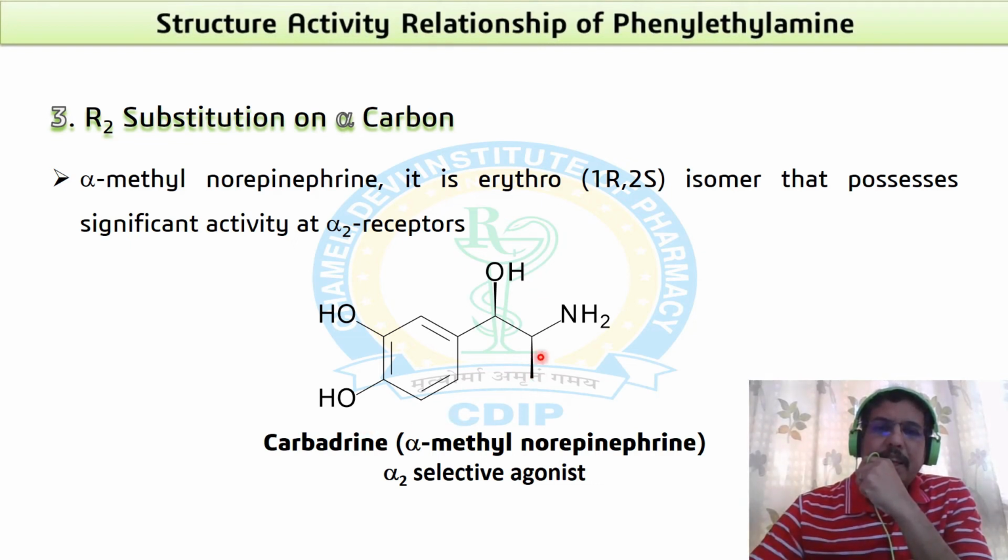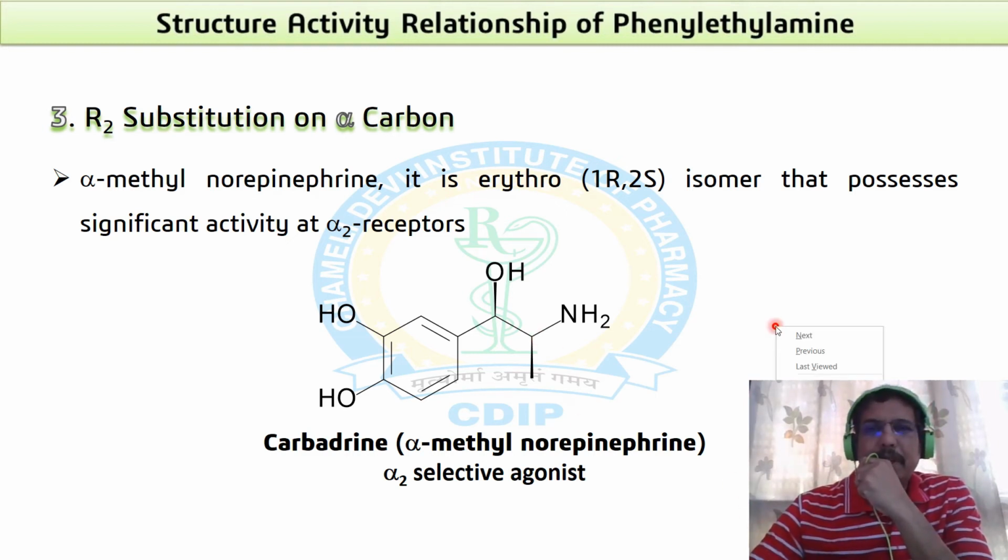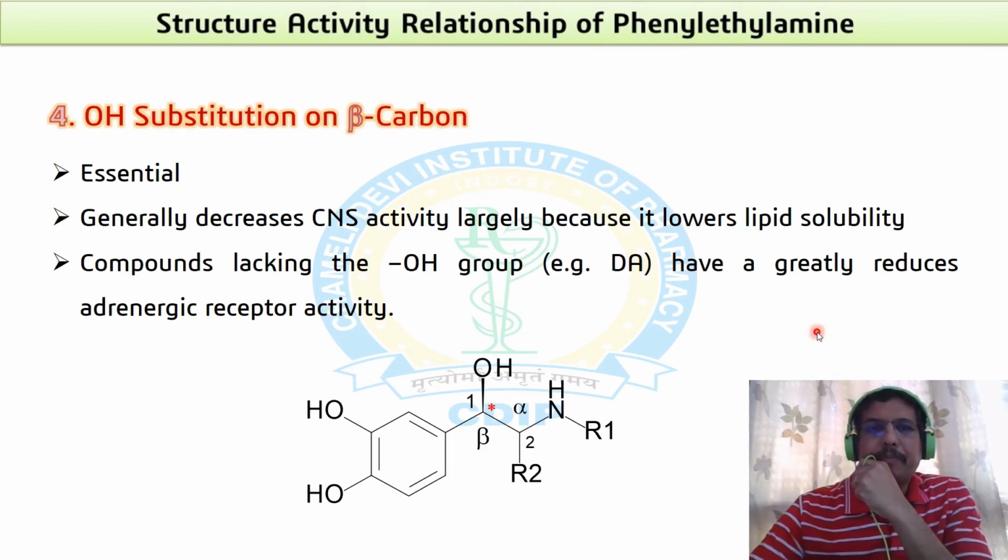So ultimately on this alpha carbon there is the possibility of small substitutions, and out of that, methyl favors alpha selectivity while ethyl favors beta selectivity.